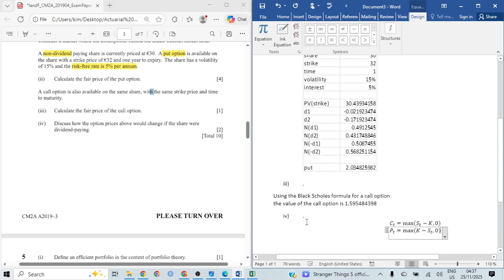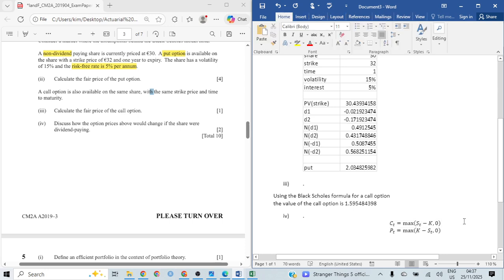So for the call option, if it reduces the value of ST, again, we say that dividend reduces the value of the share. So we'll write here dividend reduces the value of the share.